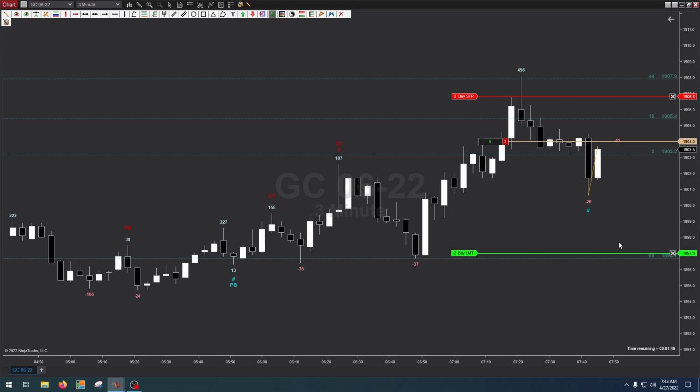3-minute candles, so it's going to take a little while. A little over a minute and a half left to go in this candle here. We can confirm a swing high by taking out the high of this candle right here.